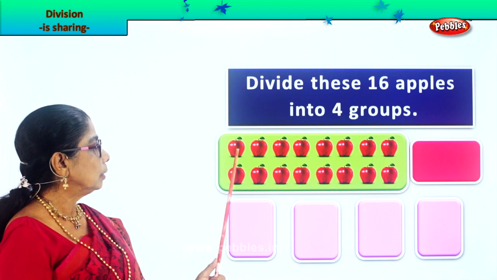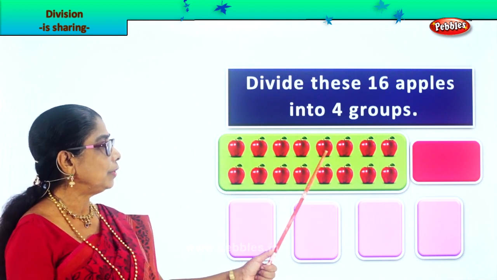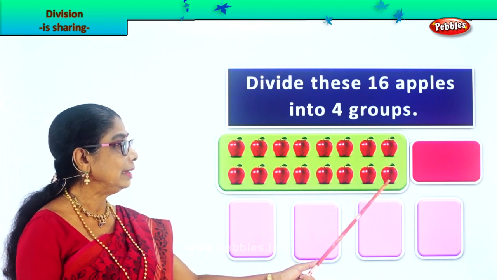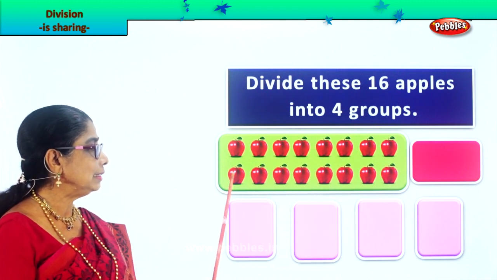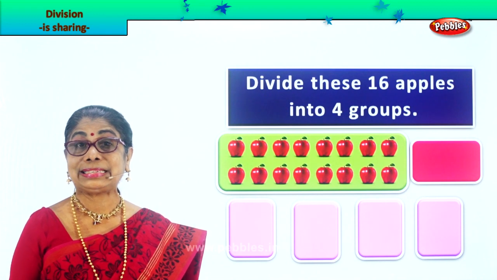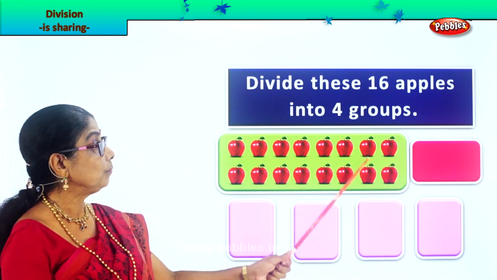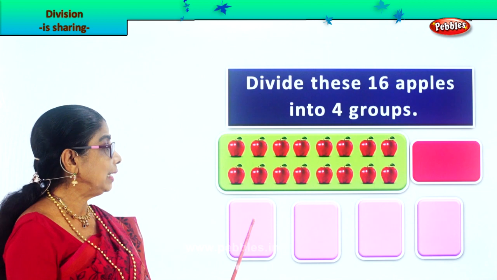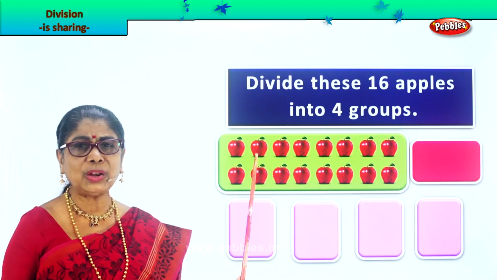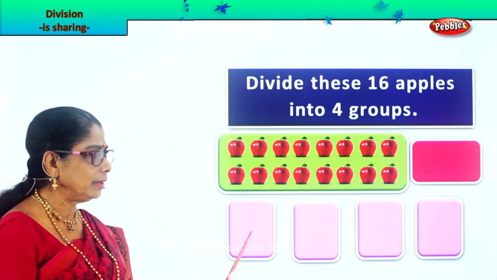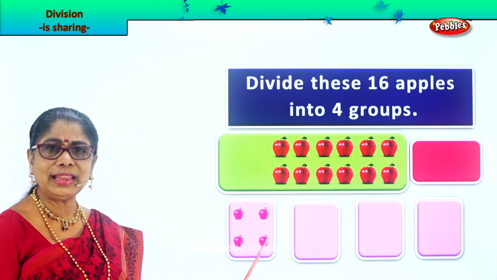Look. 1, 2, 3, 4, 5, 6, 7, 8, 9, 10, 11, 12, 13, 14, 15, 16. Yes, we are given 16. Okay, now there are 4 trays. Let's take first 1, 2, 3, 4. Shall we take 4 apples and put them here in the first tray?